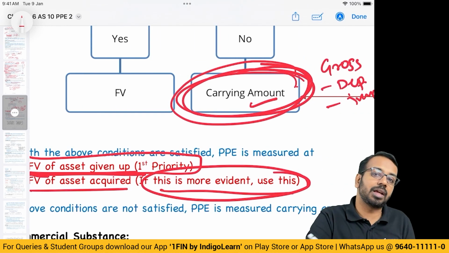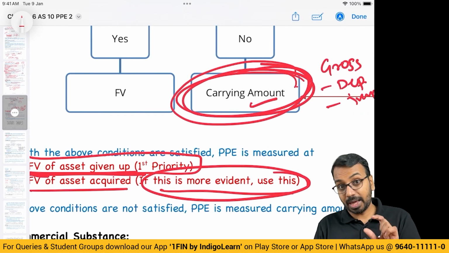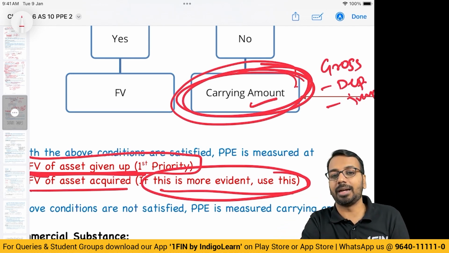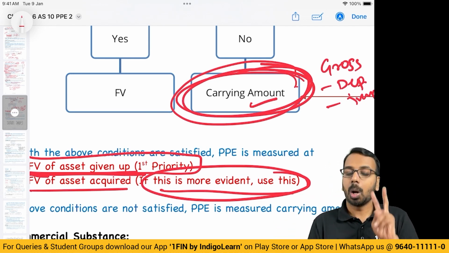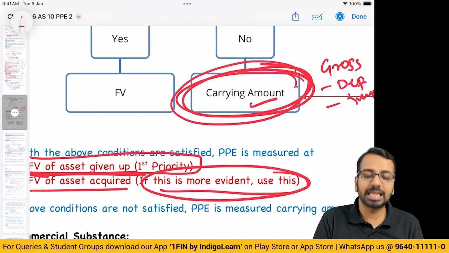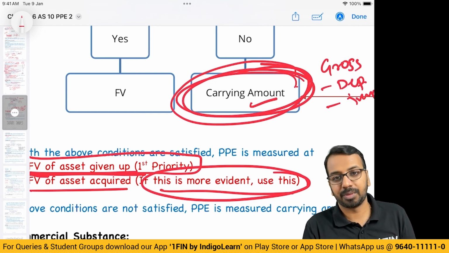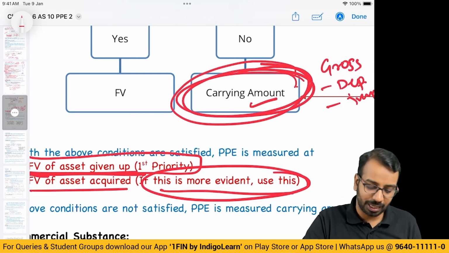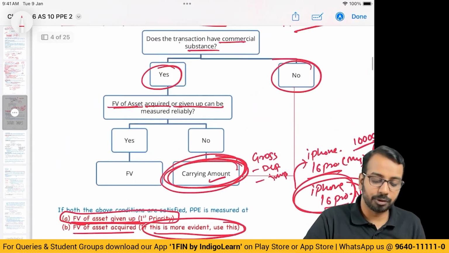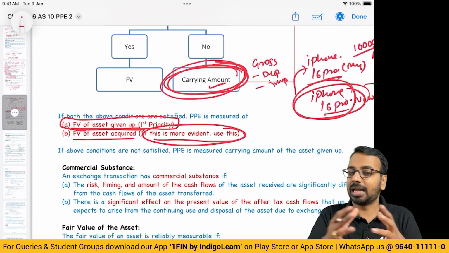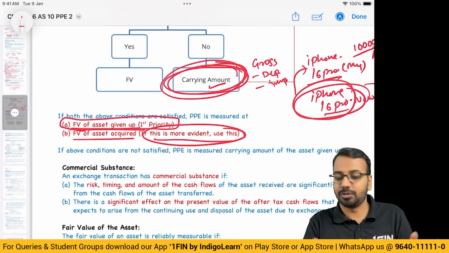Then I will use the fair value of asset acquired. Or to avoid confusion, if you want to remember for the examination, take the fair value of the asset whichever is more evident. Okay, so that is how you have to do the accounting. Commercial substance means the cash flows are changing, the risk is changing, the timing of cash flow is changing, the present value is changing.